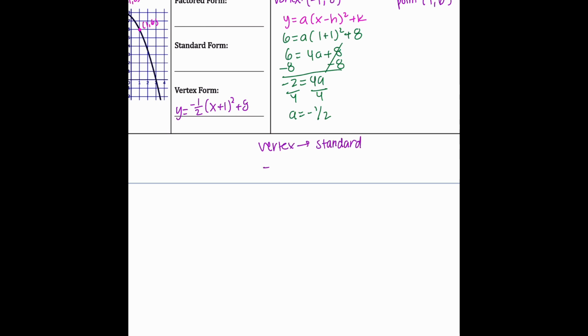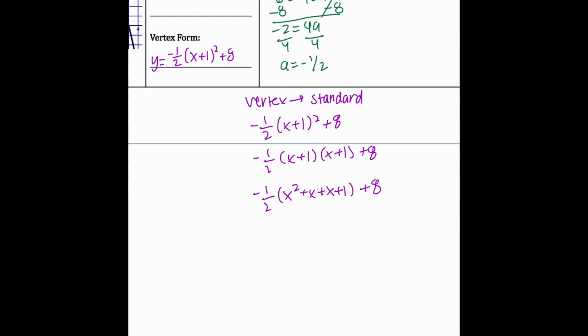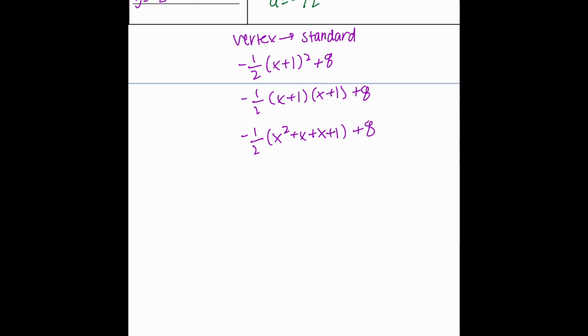So my vertex form was negative a half times x plus 1 squared plus 8. I'm going to multiply that binomial x plus 1 squared. Sorry, that's a negative 1 half. So I get x plus 1 times x plus 1. Now again, to multiply the binomial, you can split one of the binomials up.